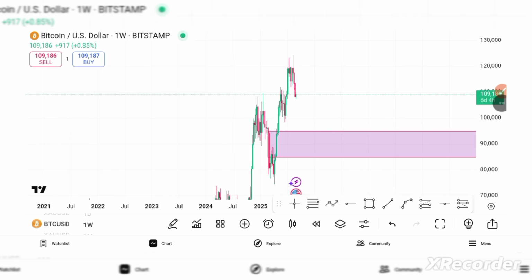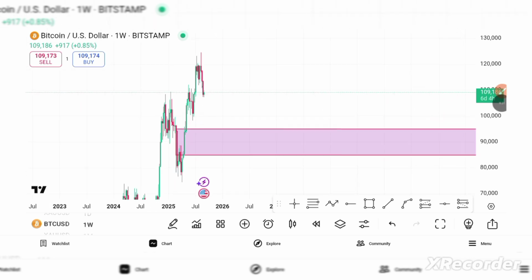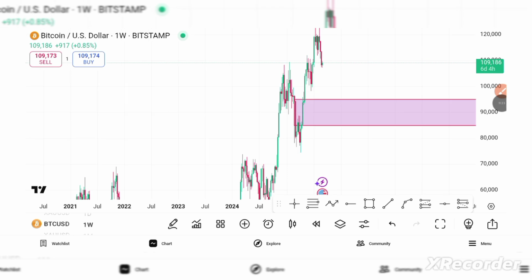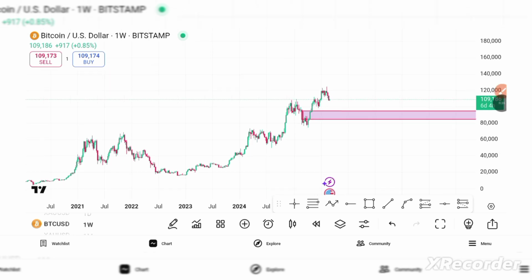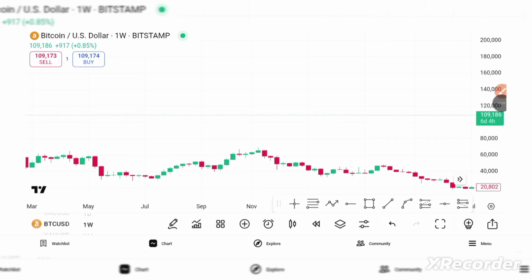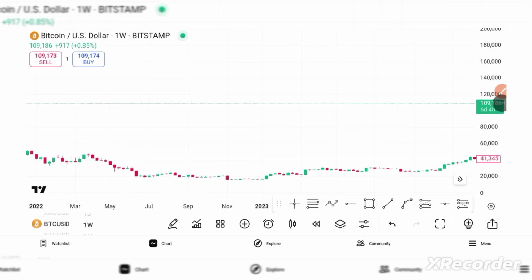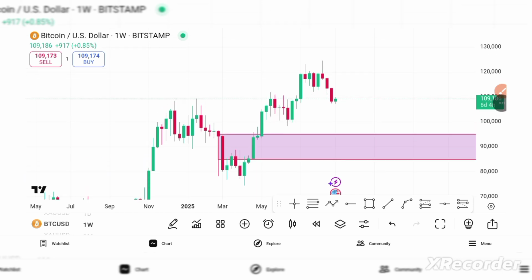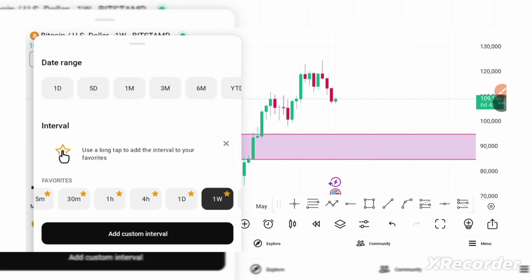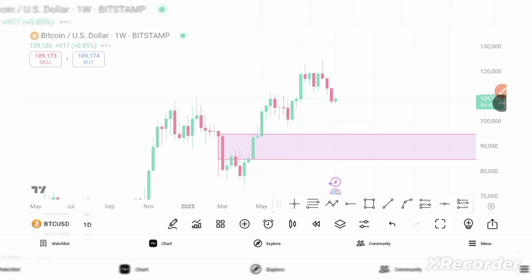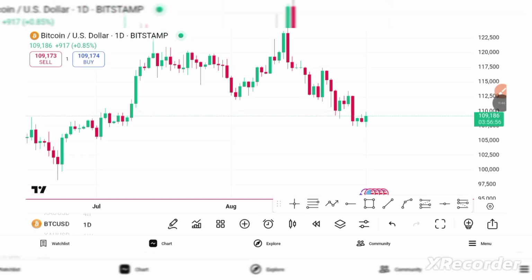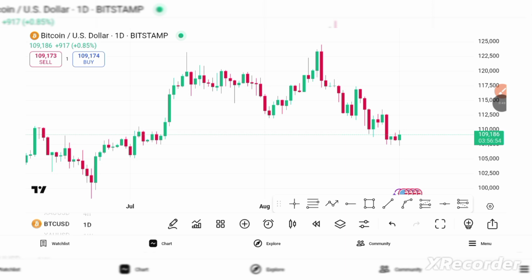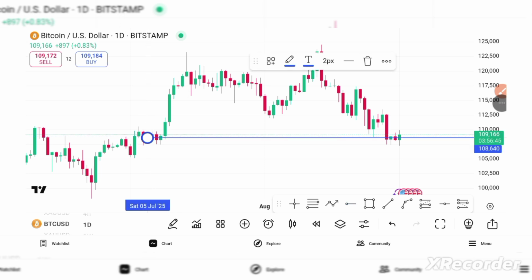Okay, so let's go down to the daily time frame for clarity. You notice that price has traded into this zone, giving us a fake movement on this other block.